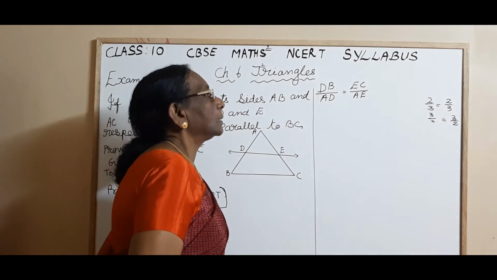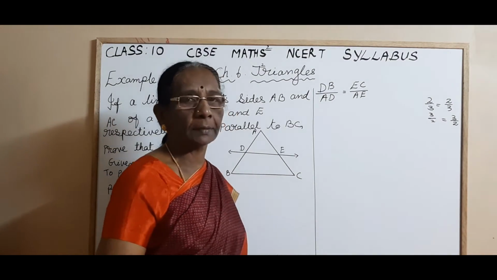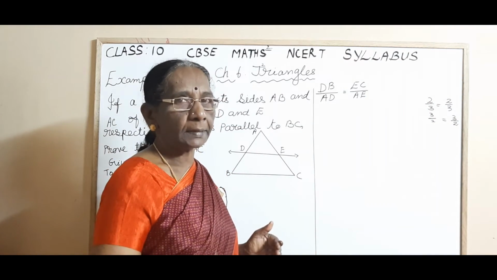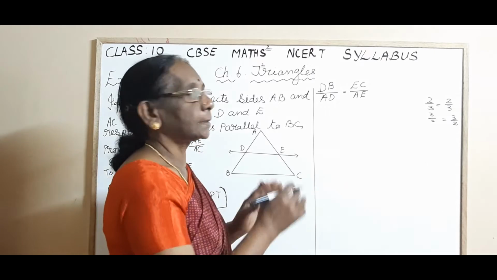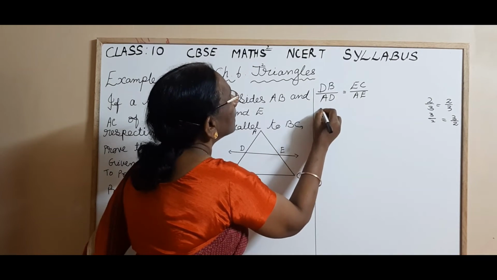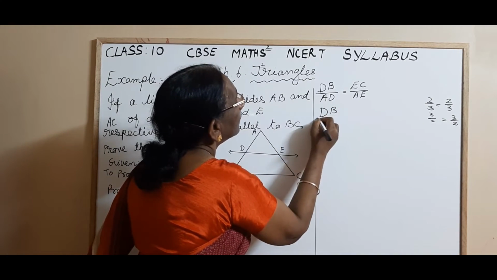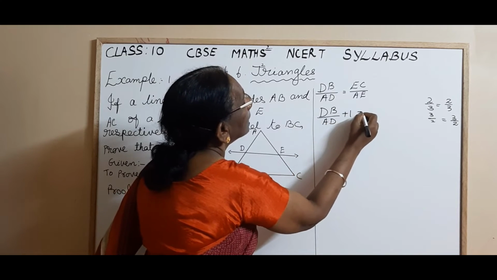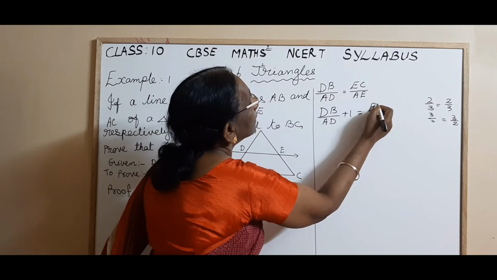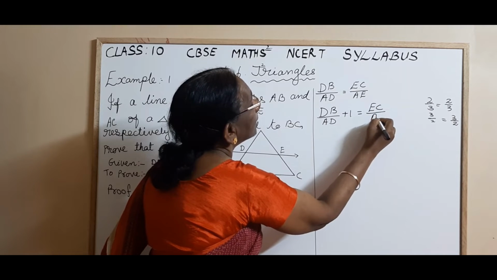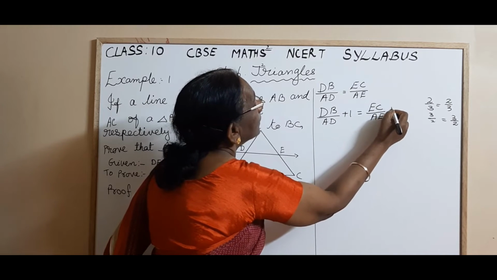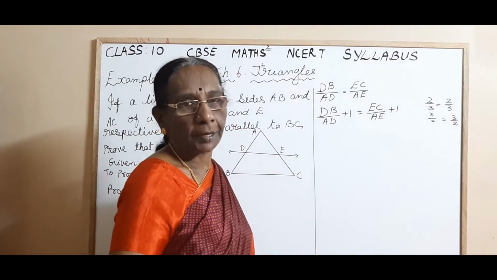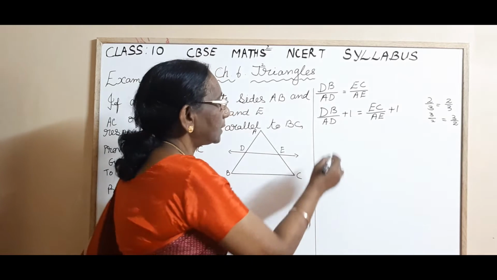Okay. After writing the reciprocal, again we have to make some change. First step, writing the reciprocal. Second step, add 1 to both sides. DB by AD plus 1 is equal to EC by AE plus 1. Now how to add? You have to take the LCM. What is the LCM of this?